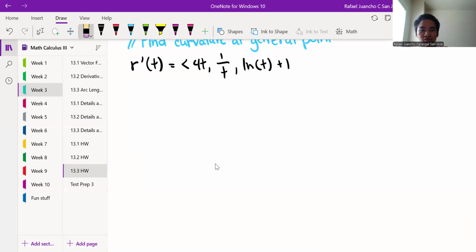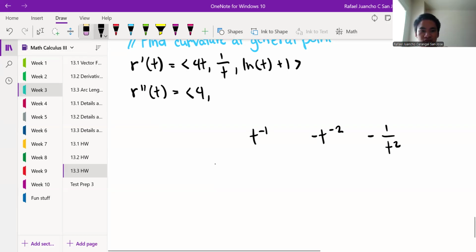And then what else can I do? Now I need to find my second derivative. So here I get 4. Here I get, anyway, I can make this easier. I can do that. And I just have a negative t minus 1. So that's -2. And so it's actually just -1 over t squared. Now I can try to do this with a quotient rule, which I'm going to try real quick, see if it works.